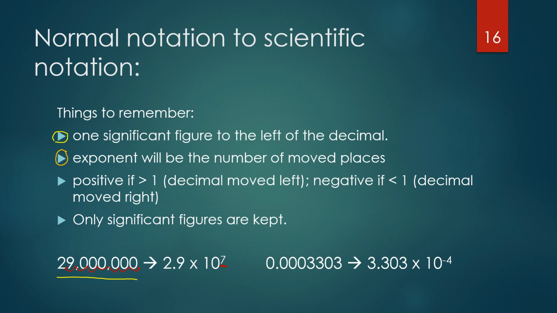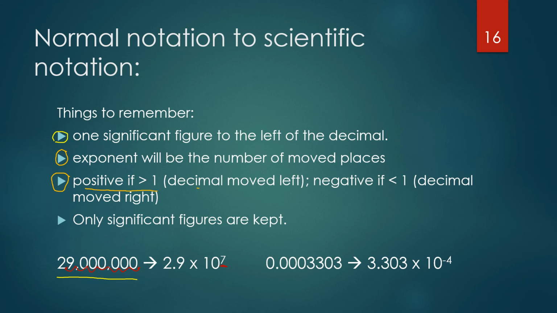Now, the third rule, let's explore that. How do we know if that exponent stays positive or if it needs to be negative? And that's what we explored on the previous slide. Remember, we said that the exponent's going to be positive if the original number in normal notation is greater than 1. Another way to look at that is if you move the decimal, what direction did you move it?